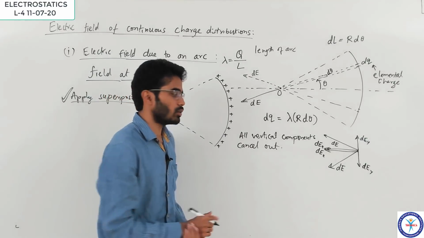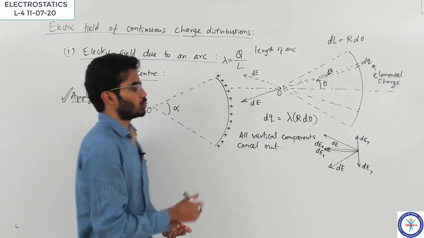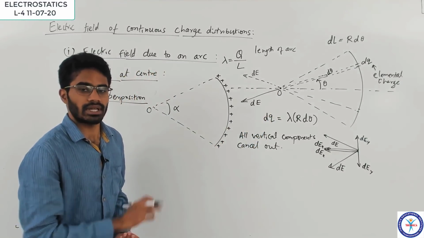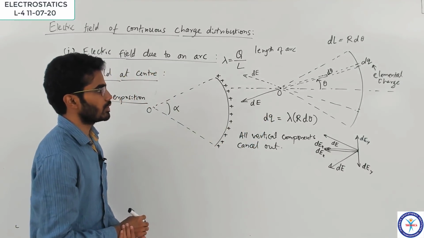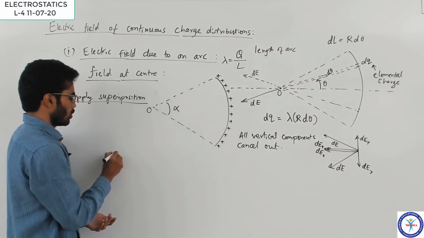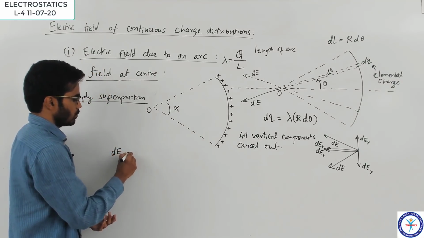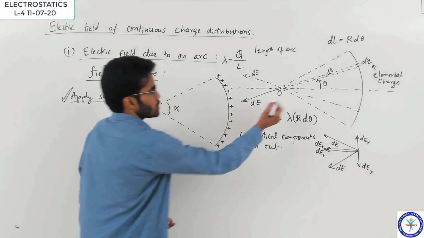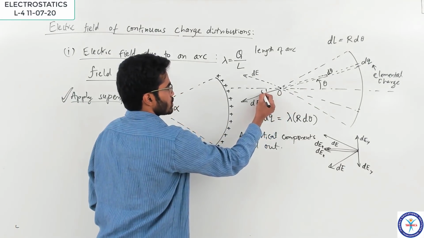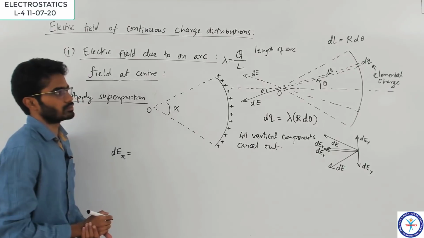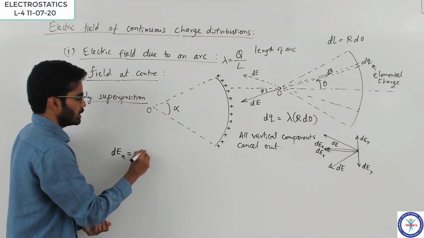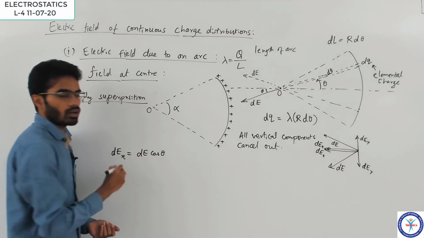All we need to do is now calculate the field due to horizontal components and add them. So what is the horizontal component? dx. What is dx? If this angle is theta, this angle is also theta, right? So dE cos theta is the horizontal component.